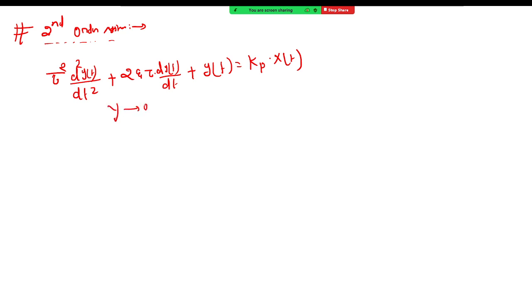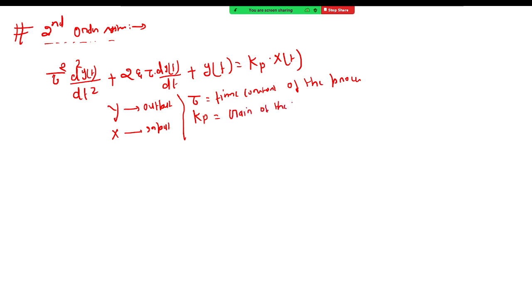Where y is your output, x is input, tau is the time constant of the process, Kp is the gain of the system, and zeta is called the damping coefficient, right?